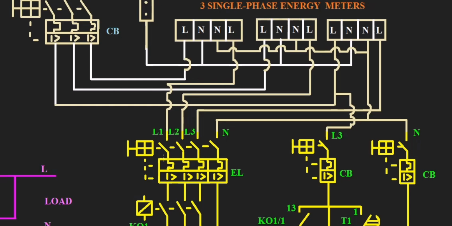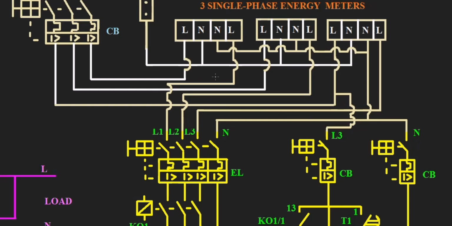This is the earth leakage. Each line goes through, and when it comes, it goes to the earth leakage. And also this one, when it goes, enters the energy meter and then goes to the earth leakage. Also here, go to the earth leakage.